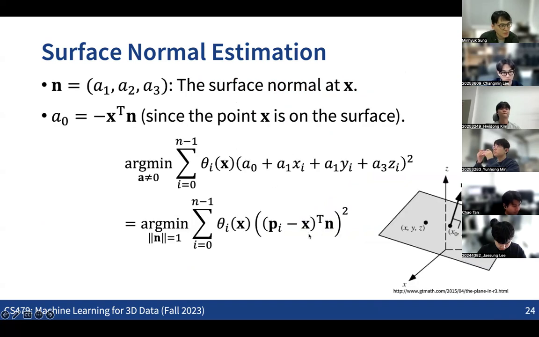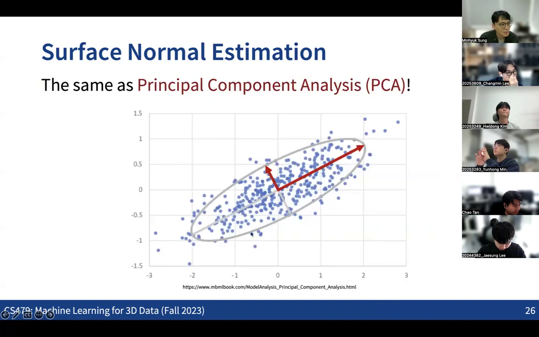When you take X as the center, computing this becomes computing the principal directions given the points with the weights that we have. If we choose the direction with the smallest eigenvalue, we treat it as the surface normal direction. Makes sense? This is a very simple and common idea for estimating the surface normal from the given point cloud.